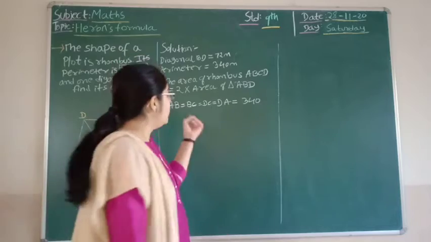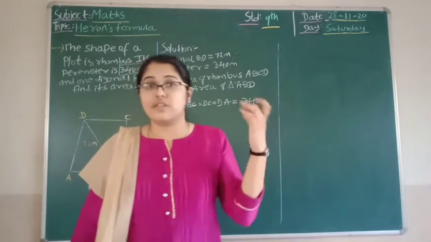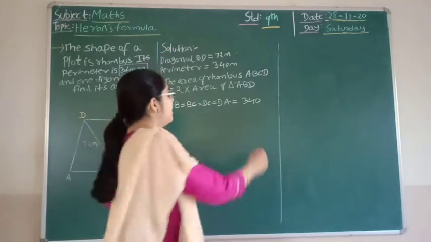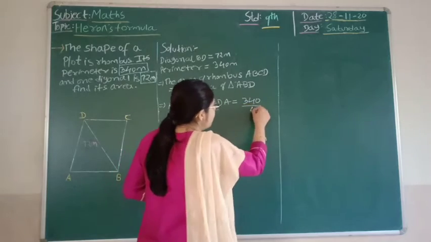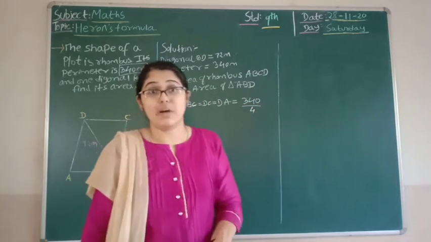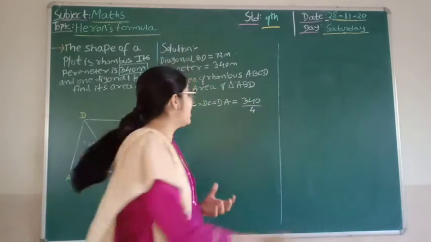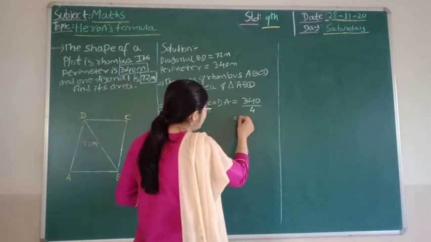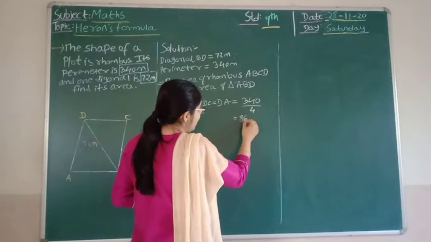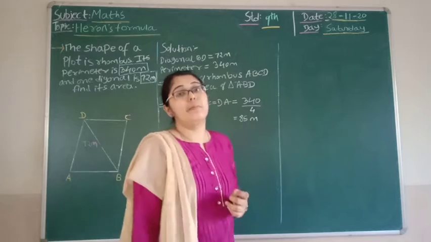Now we know there are 4 sides, so we divide the perimeter by 4. The answer we get is 85 meter.